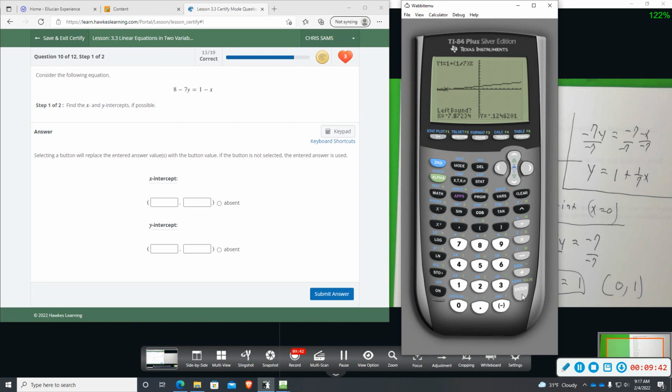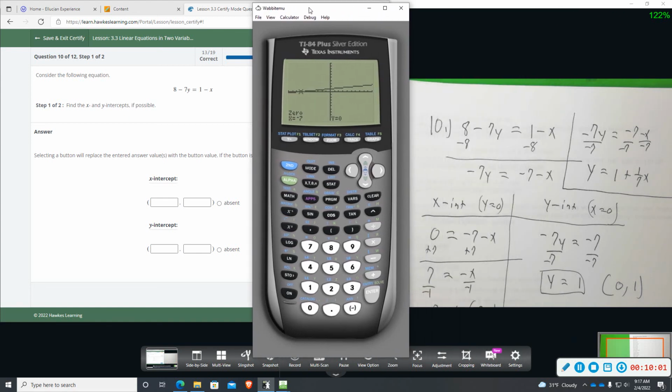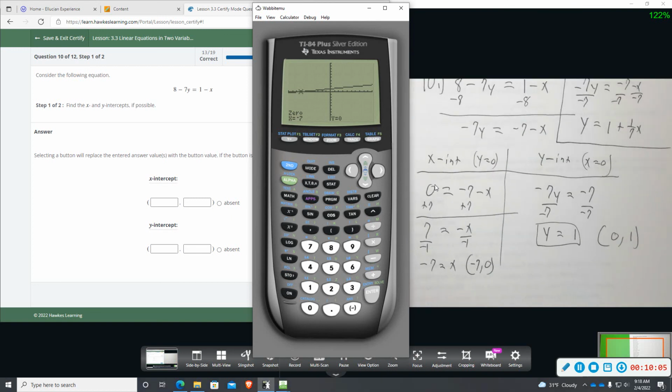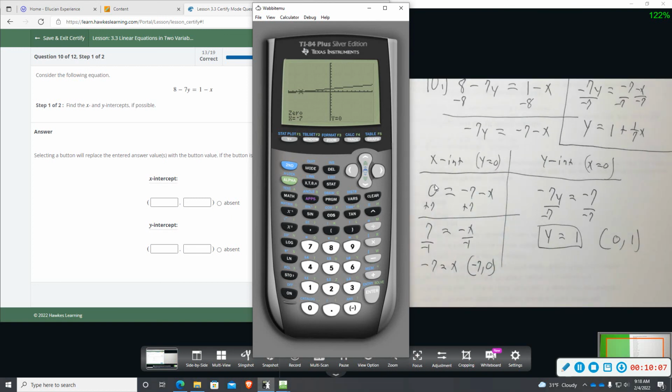I was working it backwards. But now y is negative. Now I'm going to go to the right, so I'm going to make sure y is positive. So now it's positive, hit enter. And then it says if you want to guess, you don't have to guess, just hit enter a third time. And then it shows you negative 7, 0. And so that will match this one here, negative 7, 0. So you can do that with the calculator as well.